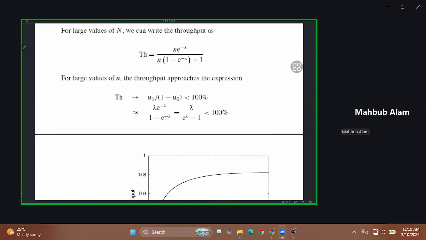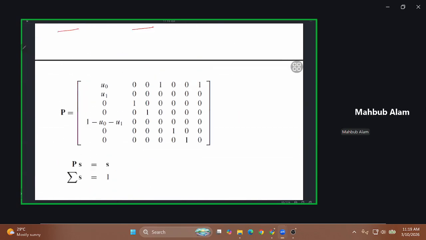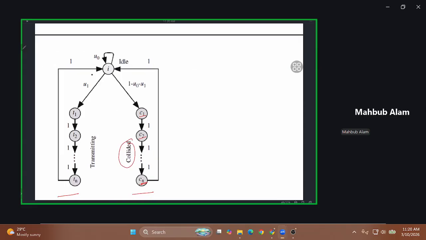Here, one thing you have to notice is that collision avoidance is not considered by this model. This model assumes that after an idle period, a station will transmit with probability U1. A station will jump into a collision state with probability 1 minus U0 minus U1.